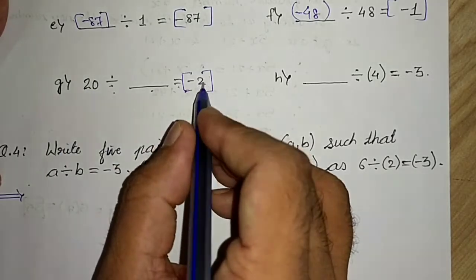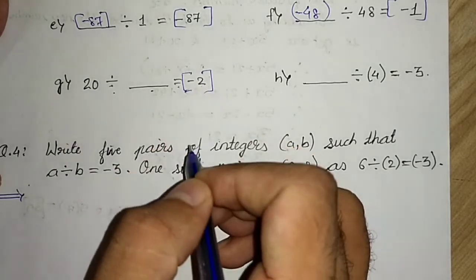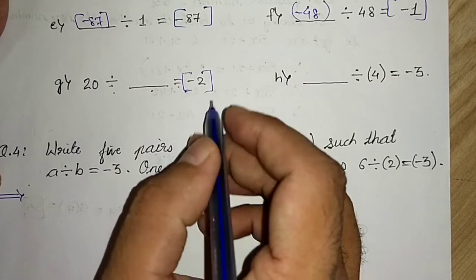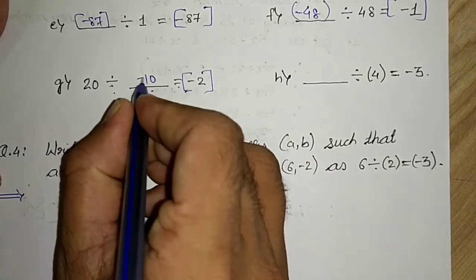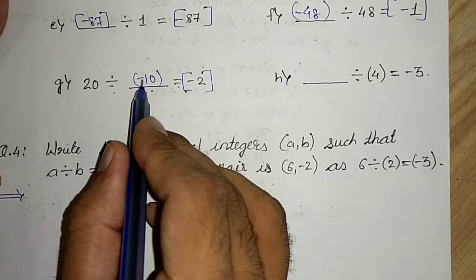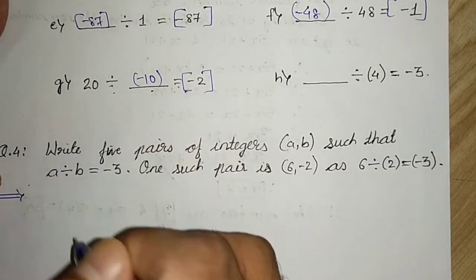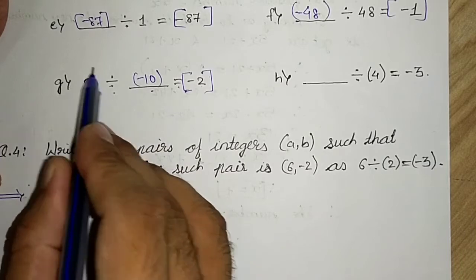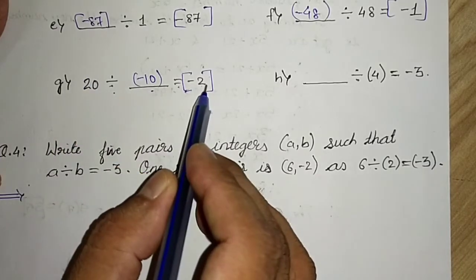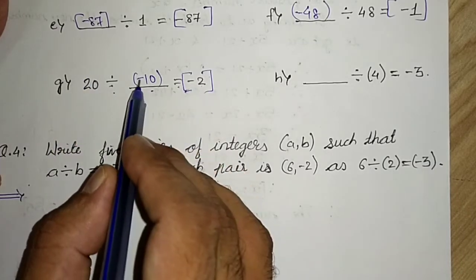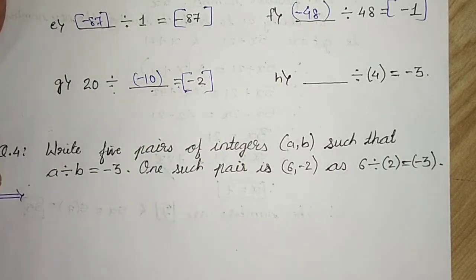Let us try. 2 tens are 20, but I will put minus sign so that minus into minus will give me plus. 10 into 2 will be 20, and if I divide 20 by 10 it will give me 2, and minus will be carried forward.